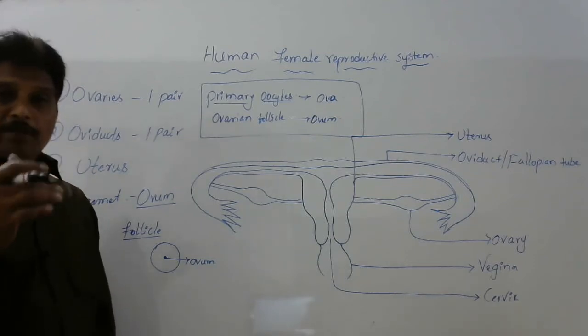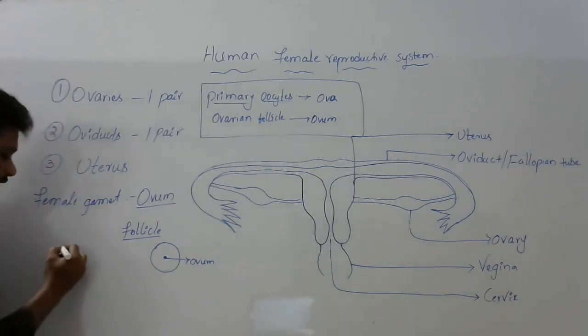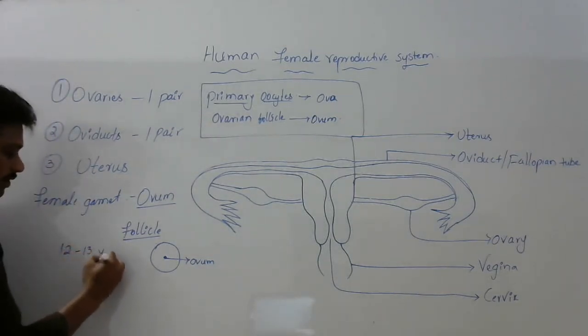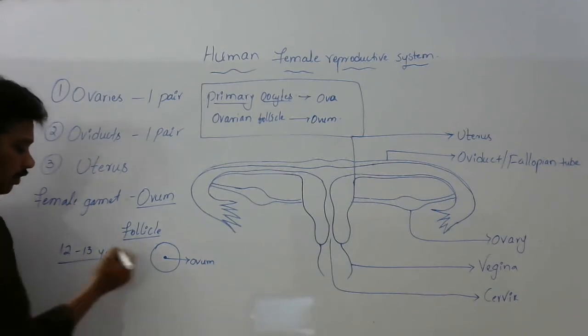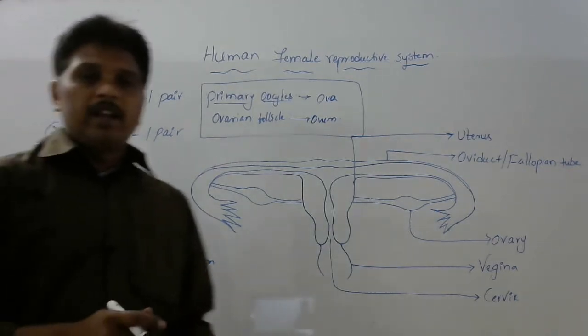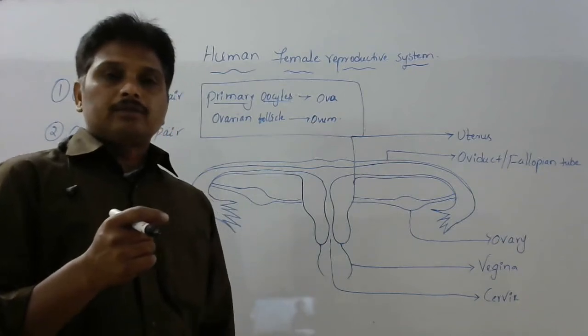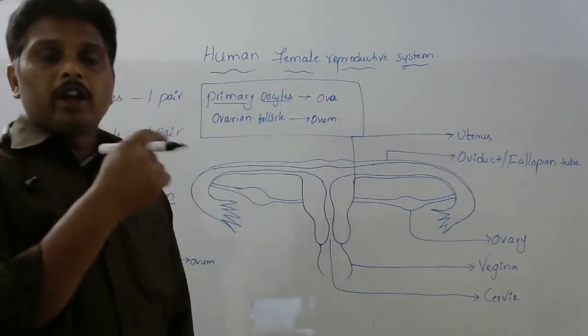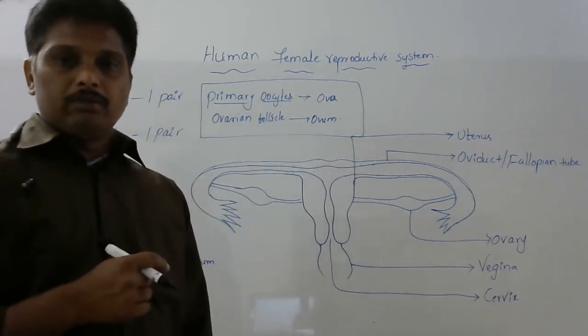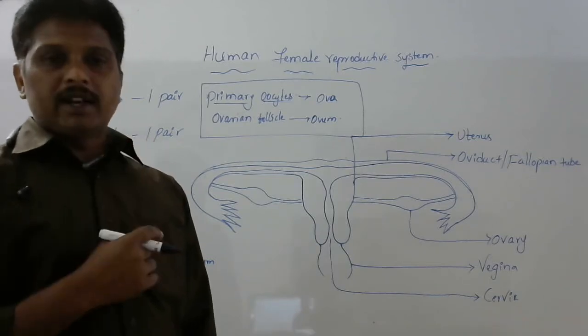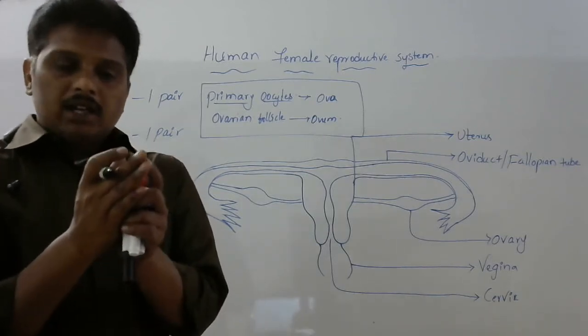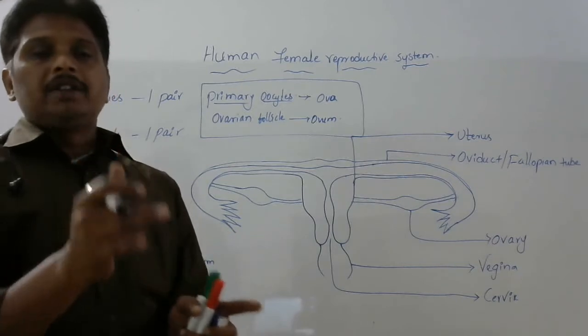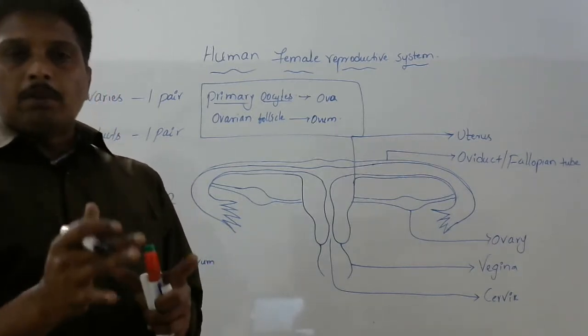On the onset of puberty, at age 12 to 13 years in females, one follicle matures, meaning the ovum inside it completely develops. After that it ruptures and releases the ovum to the outside.